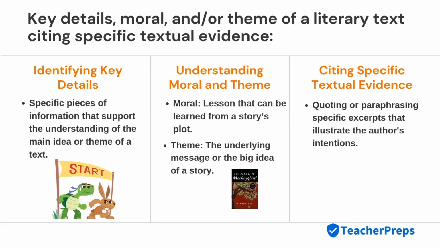So your exam might ask how to do this effectively, and it's your job to say, well, we need to teach our students to cite evidence in order to support or back what they think is the moral or the theme. And this practice involves, as you know, quoting, or providing quotes from the text, or paraphrasing from excerpts that illustrate both the author's intentions and support the students' theme or moral of what they think is the theme or the moral. So their sort of thesis.